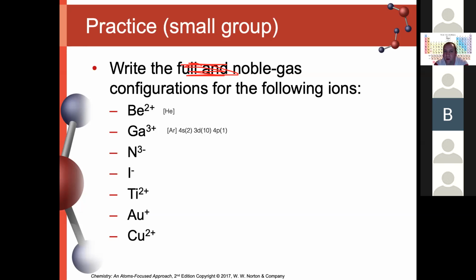Okay. So I put on the board here the configuration for the gallium ion: argon 4s2 3d10 4p1. That's the full atom configuration. Now, I did say for transition metals that we take away the s first. Is gallium a transition metal?